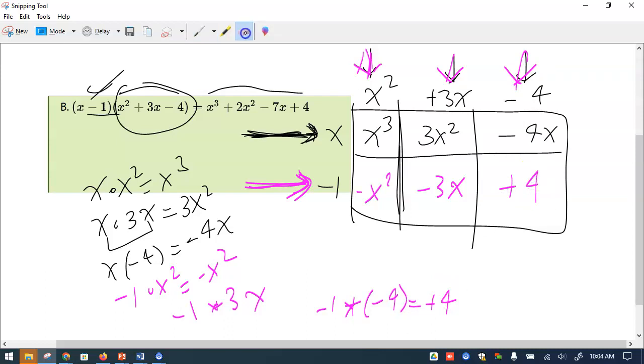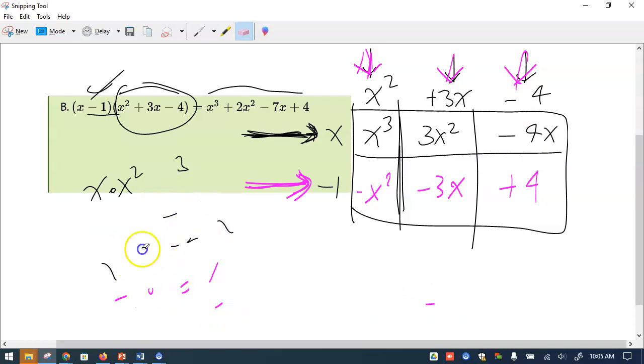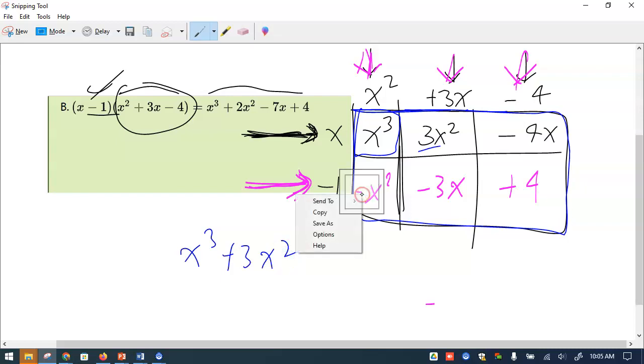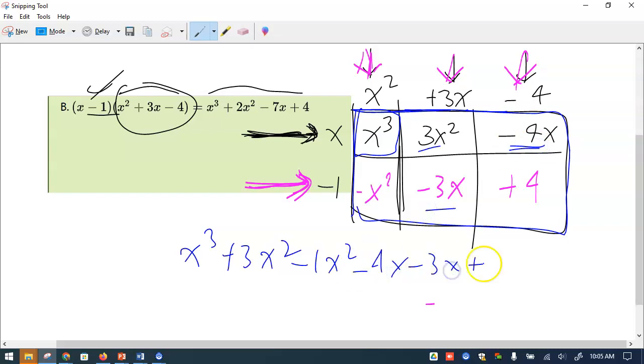Okay, now the next step is we combine diagonals, combine the like terms. All this is a box. It's like the area of this whole rectangle is adding all the areas. That means the first small area will be x cubed, then plus 3x squared, then minus 1x squared, then minus 4x, then minus 3x, and the last one is plus 4.